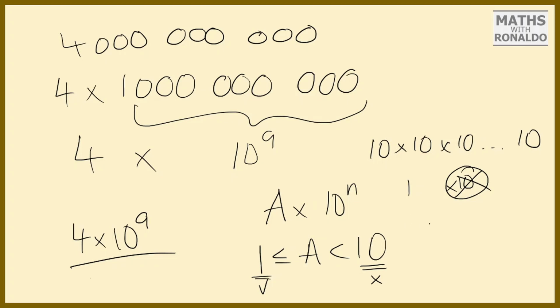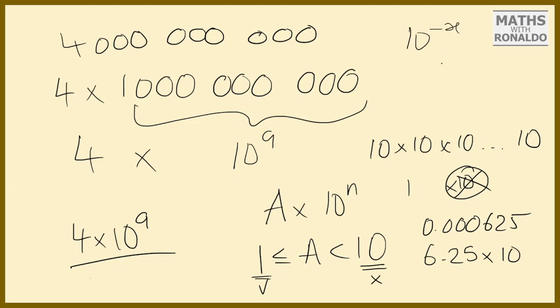And standard form can be useful for small numbers as well. If we have 0.000625, well, we know that this is 6.25 times 10 to the minus something, because this time if you look back at the first bit of this video, we looked at negative indices. And negative indices, if we have 10 to the minus x, that means 1 over 10 to the x, which means you're dividing by 10 to the power of something.